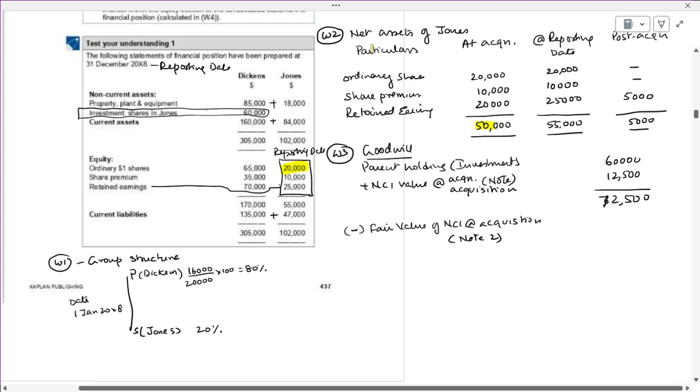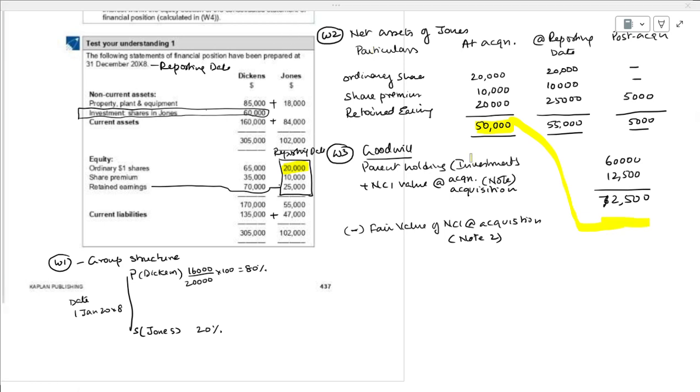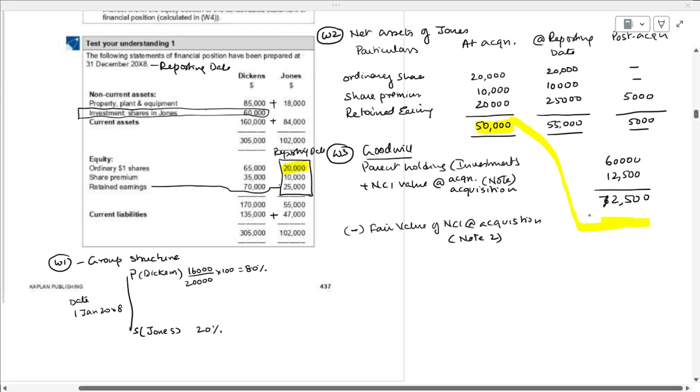How much is the fair value at acquisition? 50,000. This amount we will write here. How much is the difference? 22,500 is goodwill.